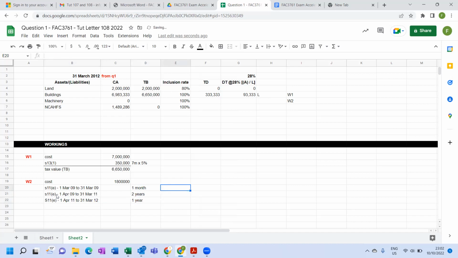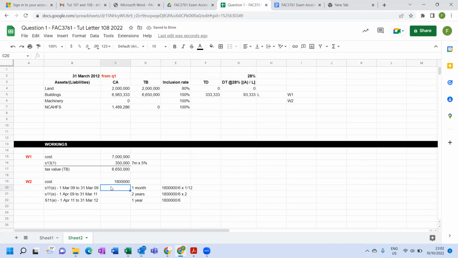So the calculation: 1.8123 divided by 6 years, multiplied by 1 divided by 12. This one over here, 1.8123 divided by 6 multiplied by 2 years. Then this one over here, 1.8123 divided by 6, for the full year.